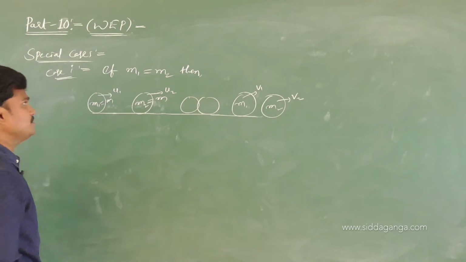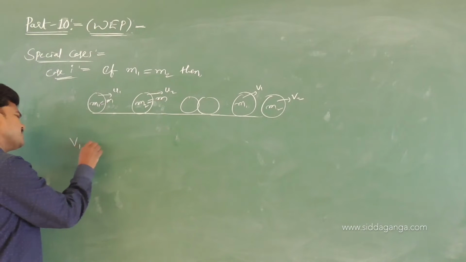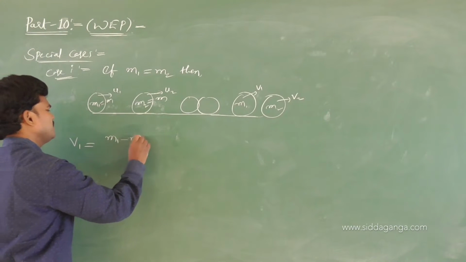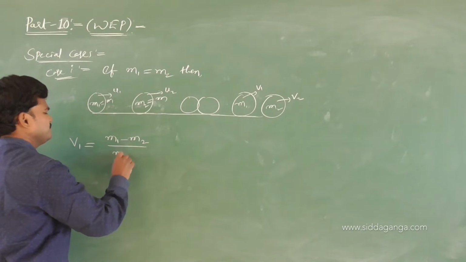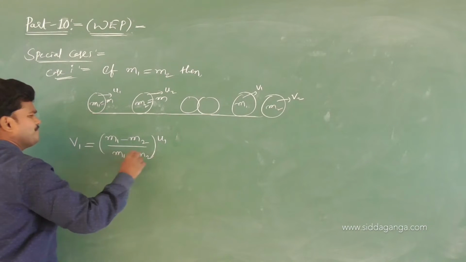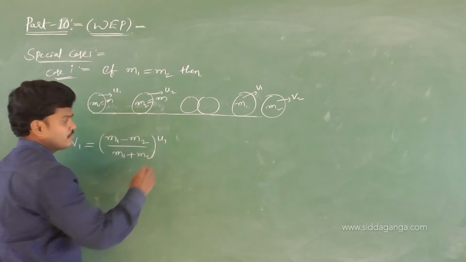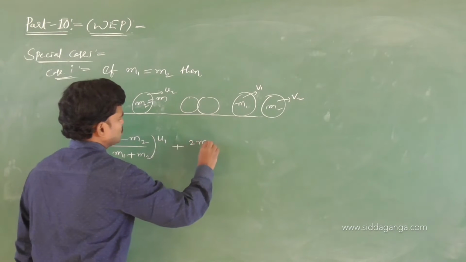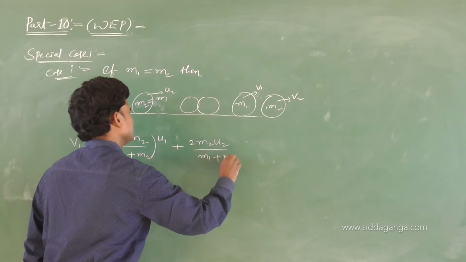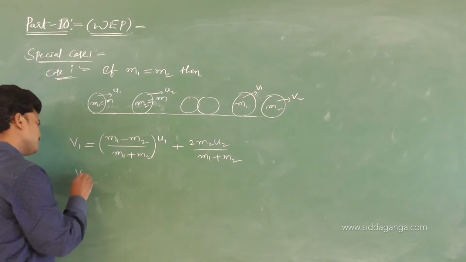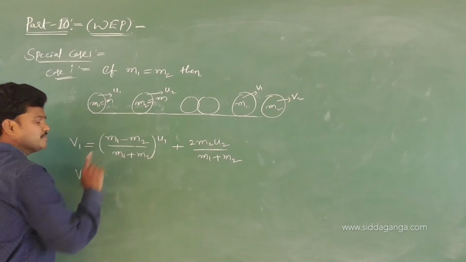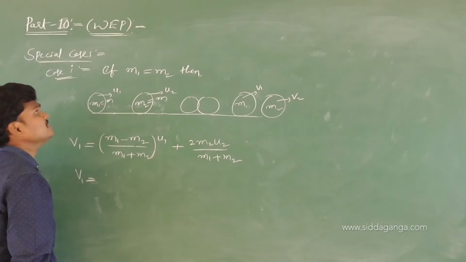Find v1, v2 value. I think you remember the v1 formula. Let me write v1 formula once at least. So what is the V1 formula? (M1 minus M2) by (M1 plus M2) U1 plus 2 M2 U2 by (M1 plus M2). Substitute M1, M2 as M. This is M minus M, M1 is M, equal masses.